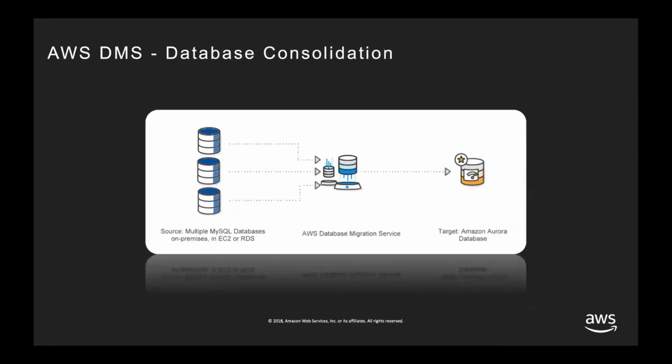You can also use database migration service to consolidate multiple databases. So let's say you have multiple on-premise databases and you want to take advantage of the power of Aurora. The migration service can consolidate those all into one.